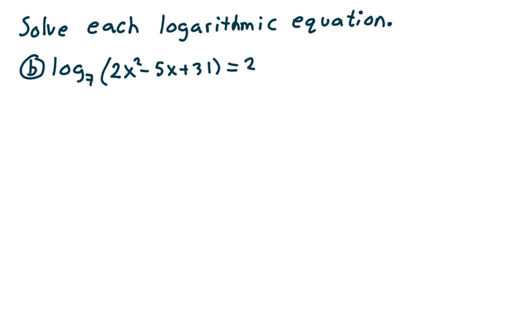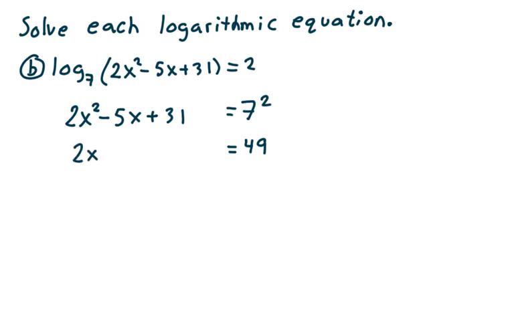So this is what we're going to have: 2x squared minus 5x plus 31 on the left side. On the right side, we get 7 squared. Now, 7 squared is 49, right?